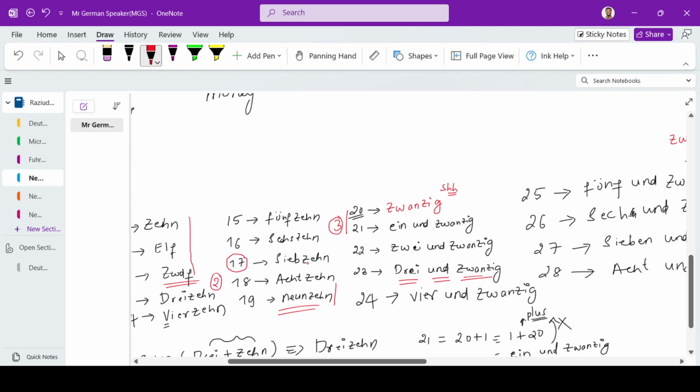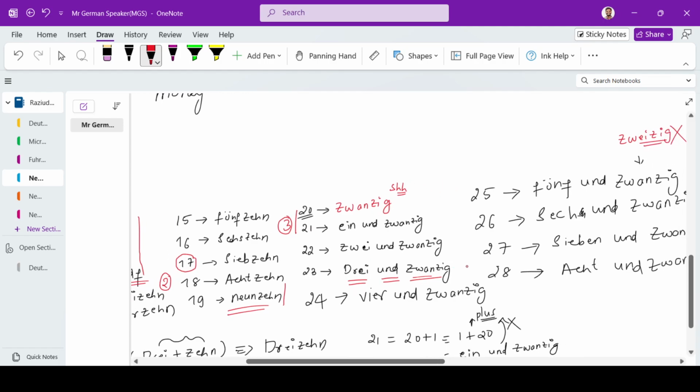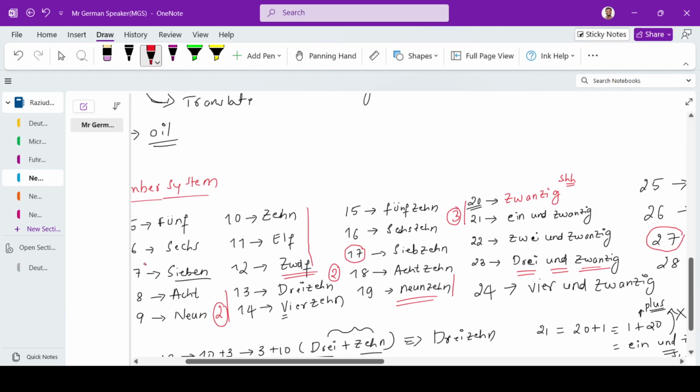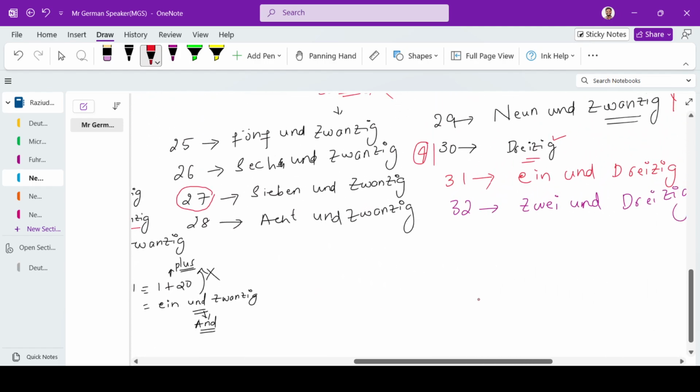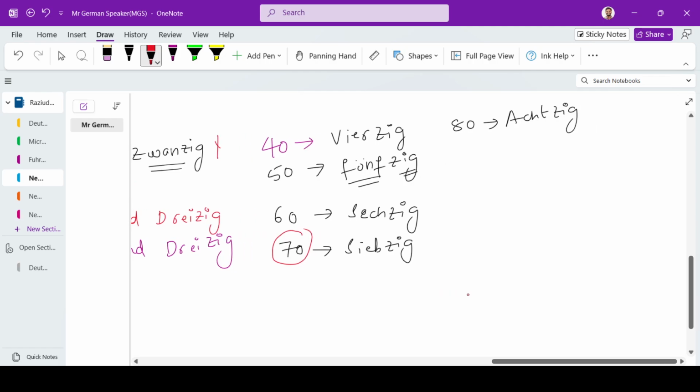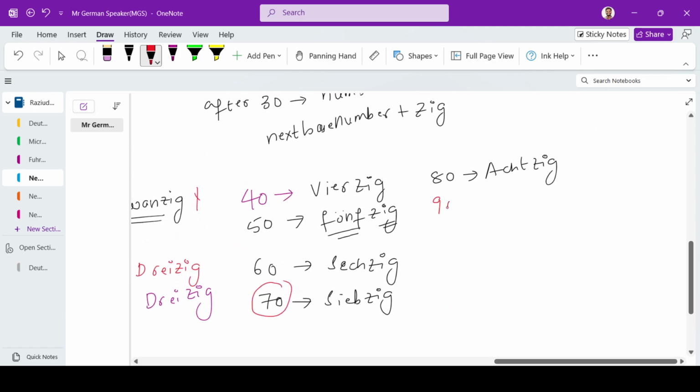As you see here, 17 was not siebenzehn, but siebzehn. However, when you wrote 27, it was not the same pattern either. So number 7, you have to be very, very careful and give special attention to it. Okay, so now let's continue further. If I want to write 90, it will be number plus zig, which is neunzig.